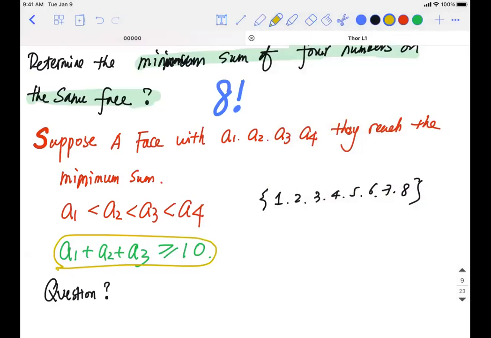Who can tell me, what is the special requirement for this A3? A1, A2, A3, A3 is the biggest. Is there any special requirement for this biggest number? If it is too big, if it is too small, if there's something in between, how can we deal with that?